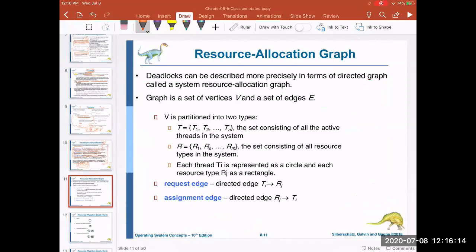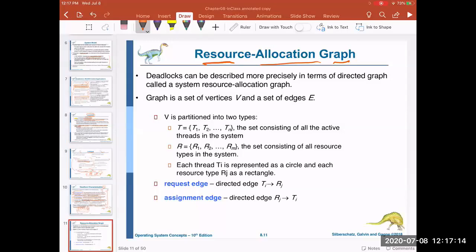Okay, now the interesting part, the resource allocation graph. Whenever we talk about resources, we can use a resource allocation graph to see and check whether a deadlock would be created or not. A graph has vertices and edges.